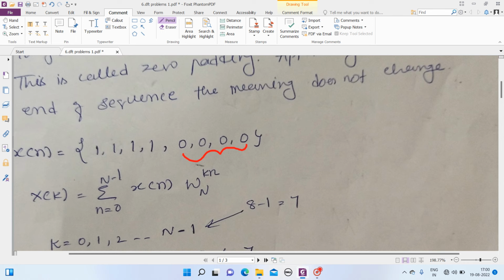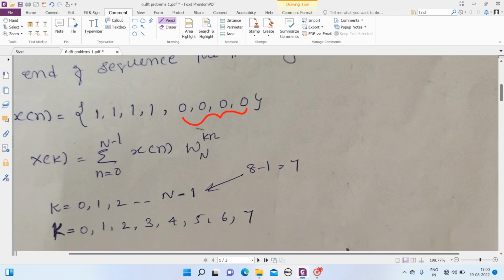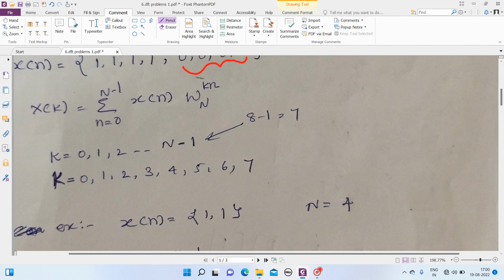Now we know the equation of DFT, right? X of k is equal to summation n is equal to 0 to N minus 1 of x of n W N to the power of kn. We know that N is 8 point, and k and n values vary between 0 to N minus 1. We know these things already, right?